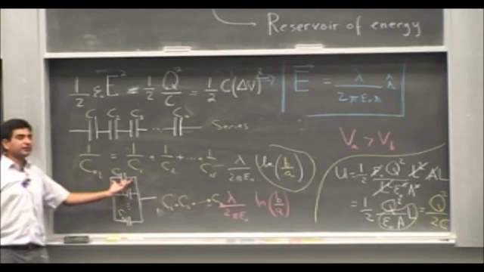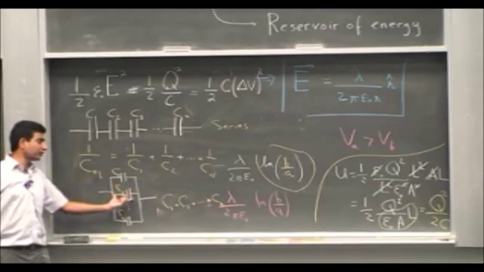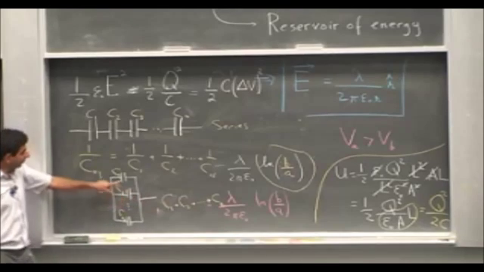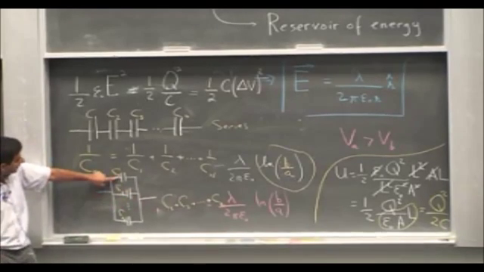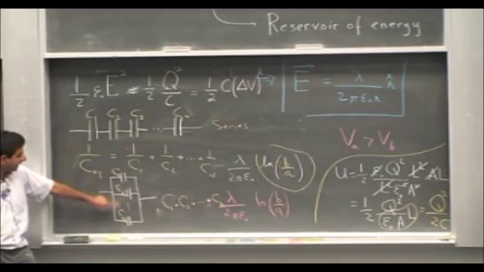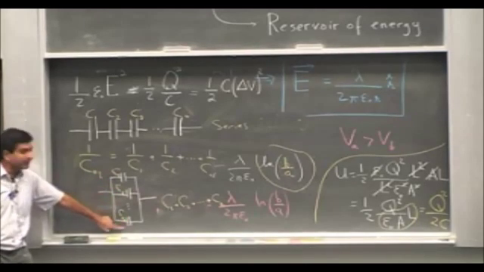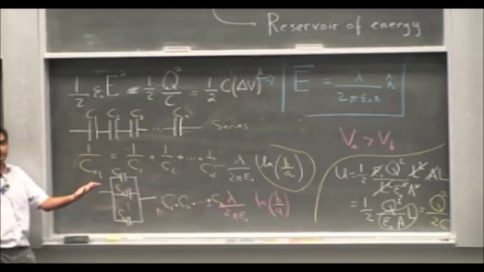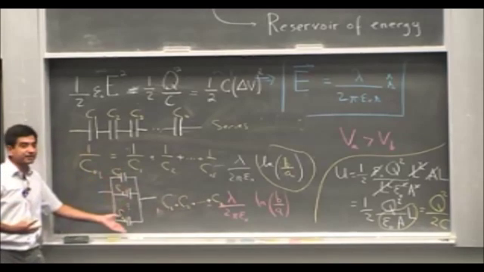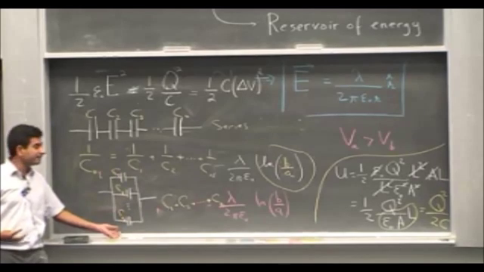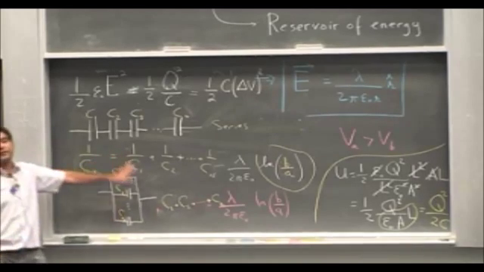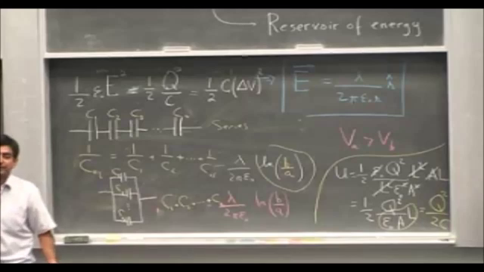In this case, the voltage or the potential difference across each capacitor is going to be the same. Because this is a metal, all of these points are equipotential points. So this point must have the same potential as this point, so all of these plates are at the same potential. But they may carry different charges because the capacitances are different. Okay? So this is something for you to explore on your own. I will not do this in a lecture.